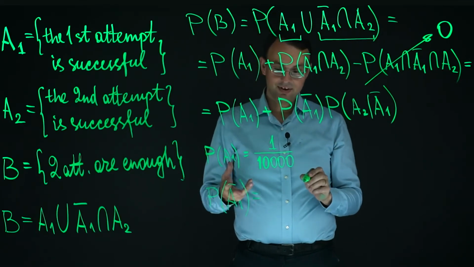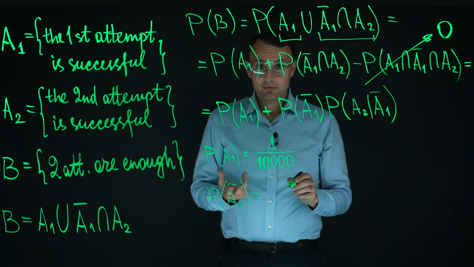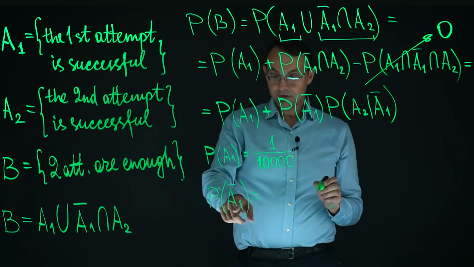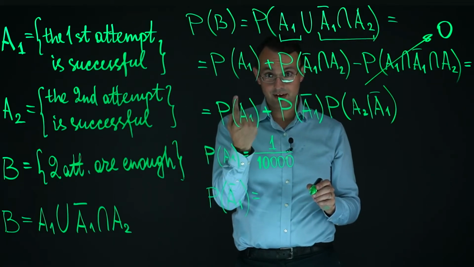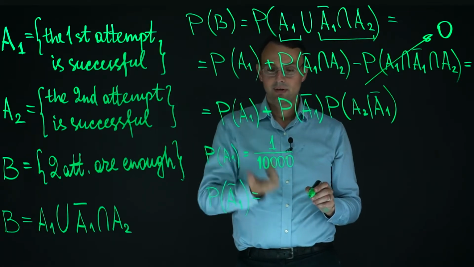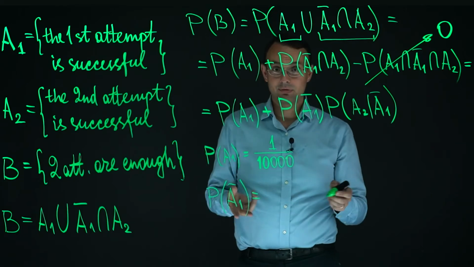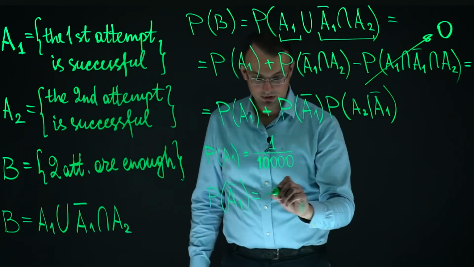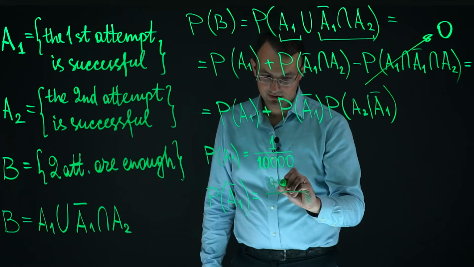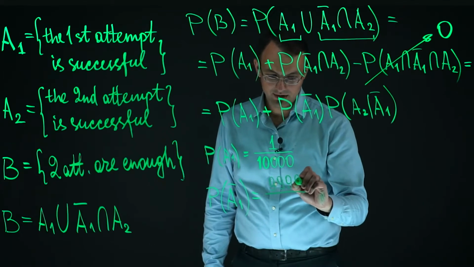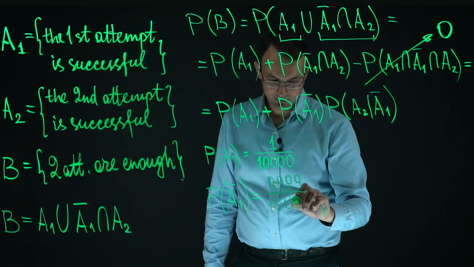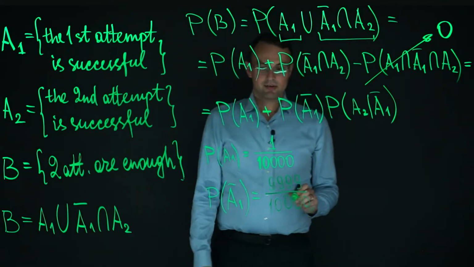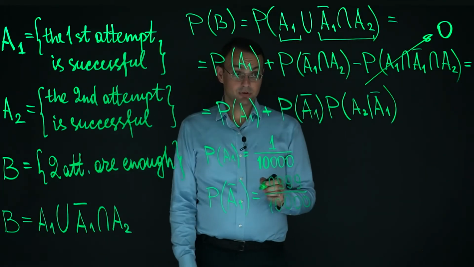Or we can say that this is the number of outcomes favorable for this event, and all outcomes are favorable except for the one correct PIN code, divided by the total number of outcomes, that gives us the same result. So 9999 divided by 10,000. So this is the probability of not A1.